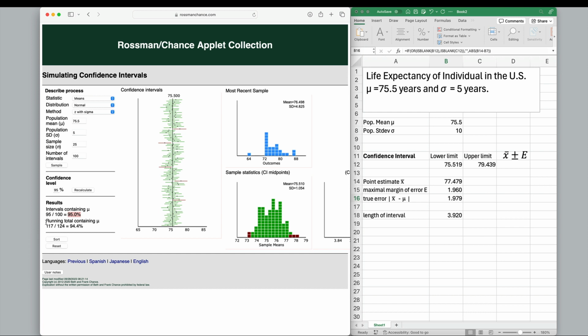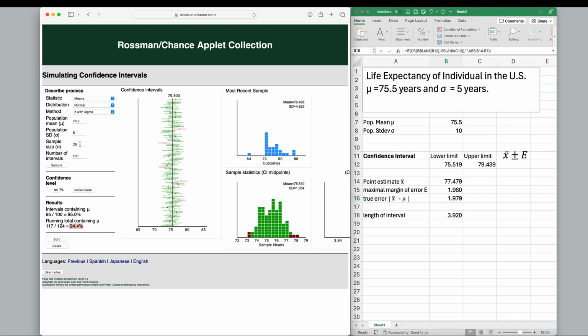If you're questioning what the running total here is, it's just that I was clicking on the button before this several times, and that's just the running total. Since we're doing a simulation here, 117 out of the 124 intervals captured the mean. And so that 94.4 is just the estimate for the confidence level.